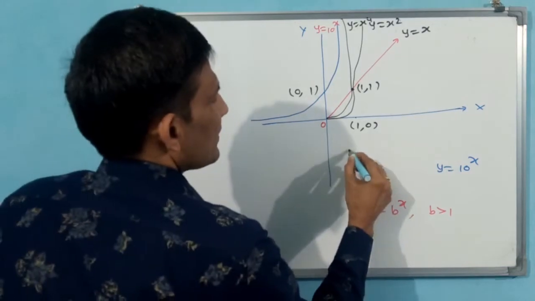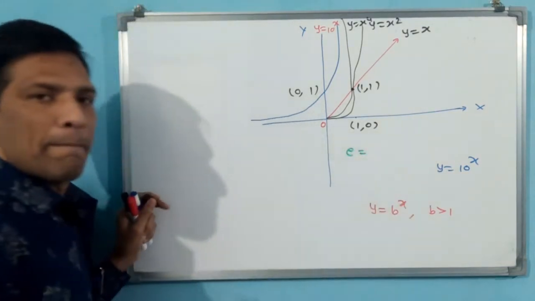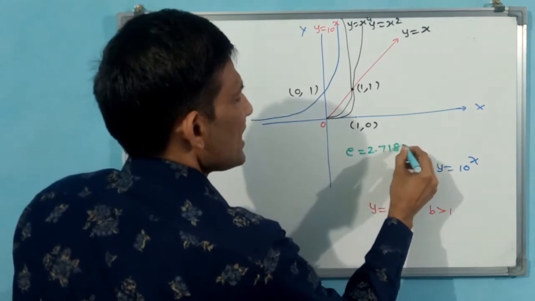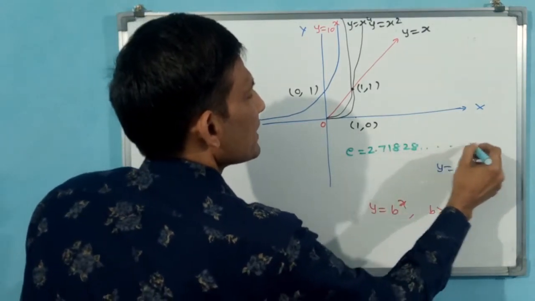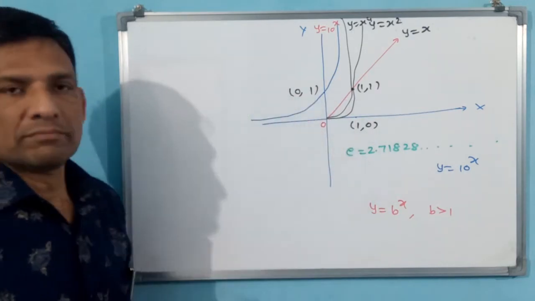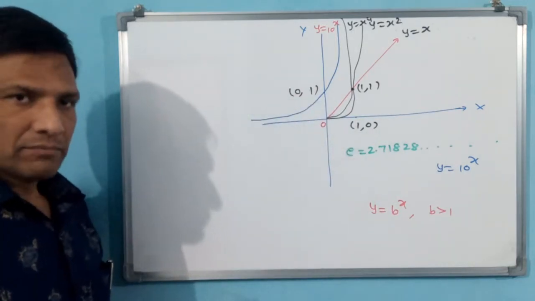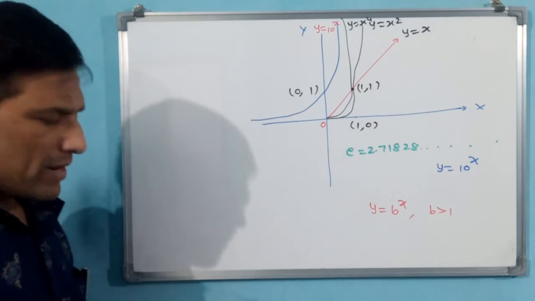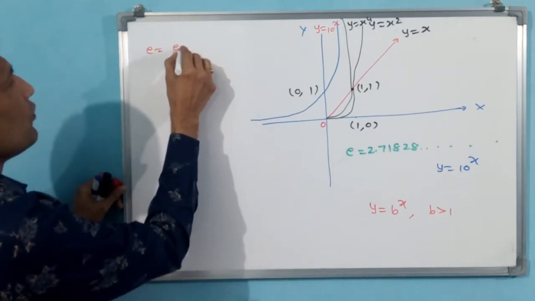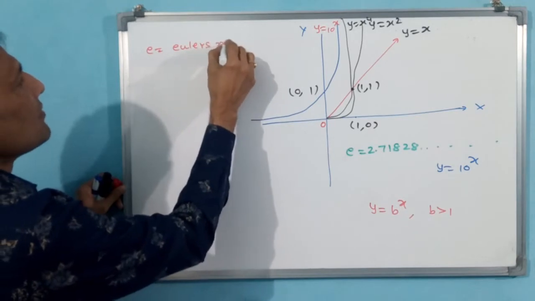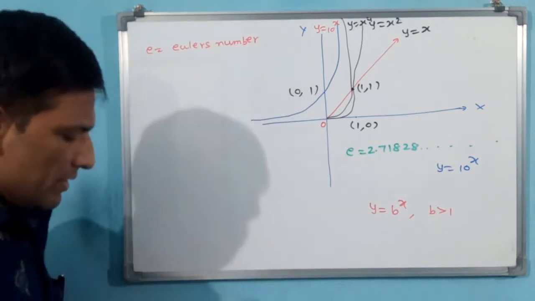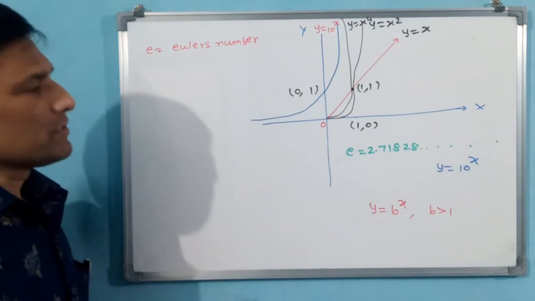This is called Euler's number, 2.71828, and it is an irrational number, continuously it will come. e is equal to 2.7. First of all, I am writing: e is Euler's number.